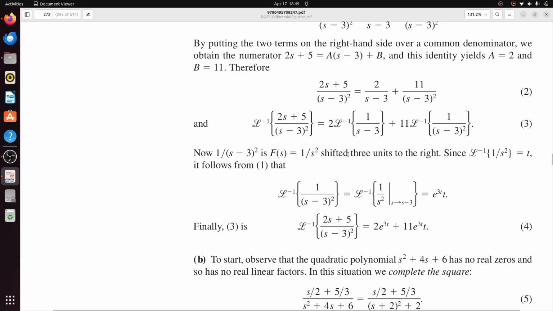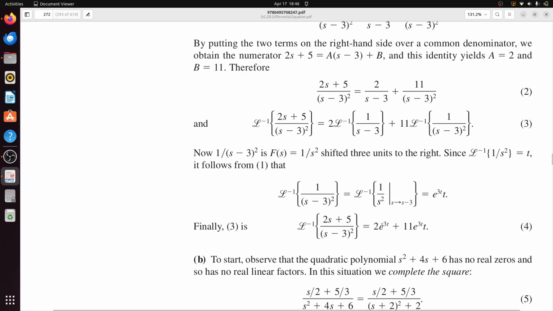So from the first part you get 2 into e to the power 3t, and from the second part you get e to the power 3t into t, because the inverse transformation of 1 by (s minus 3) whole square is t times e to the power 3t.